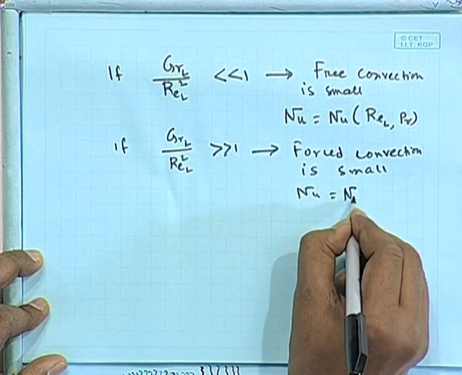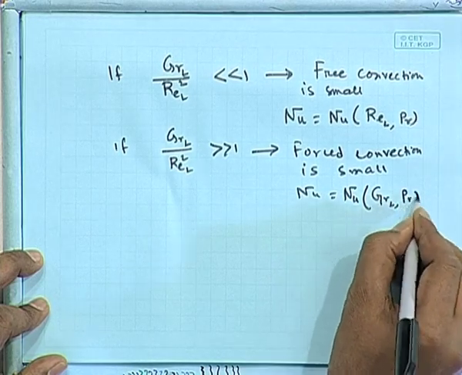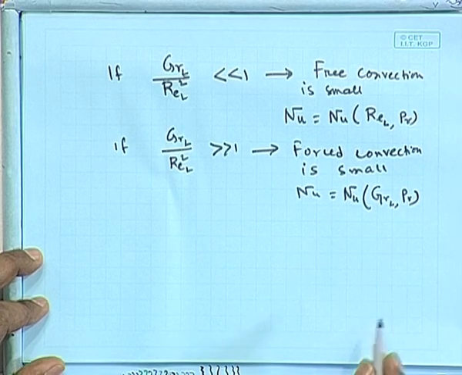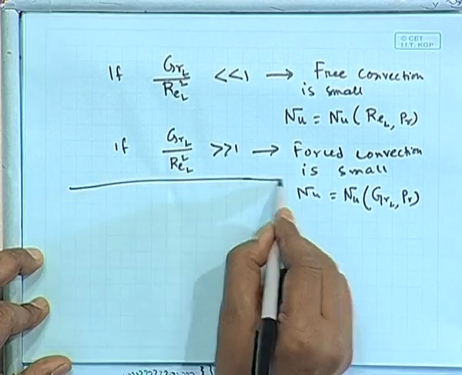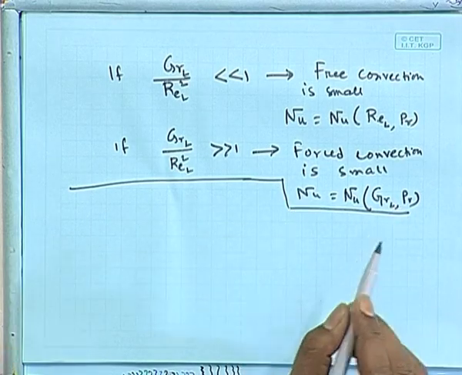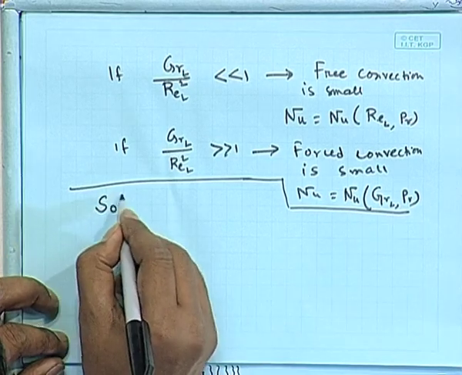And you can expect your Nusselt number will be a function of Grashof number and Prandtl number. Okay. Fine. All these conclusions you can draw just by putting in the non-dimensional numbers, and see which mode of convection will be dominant.